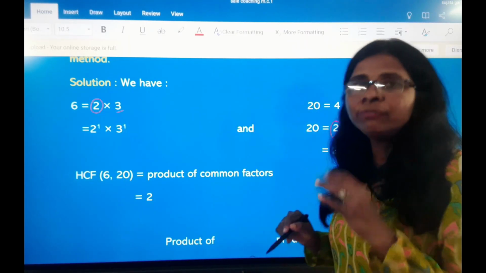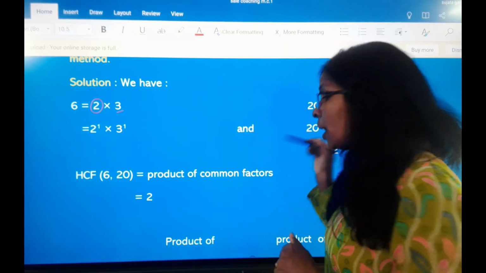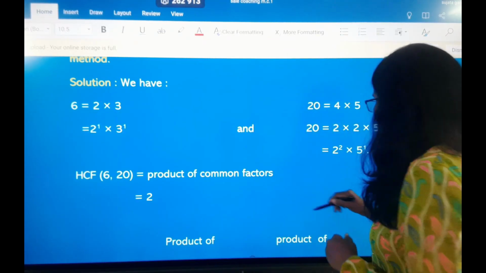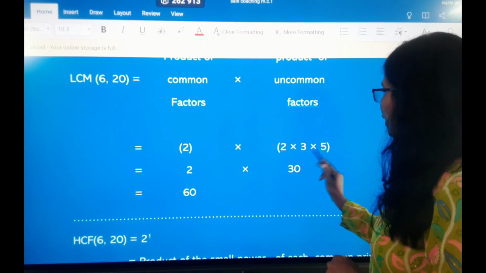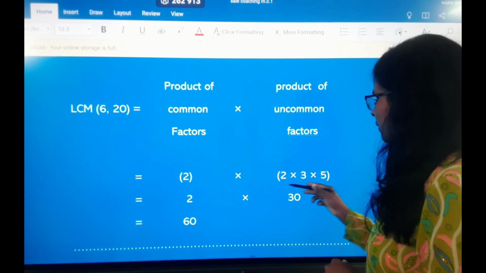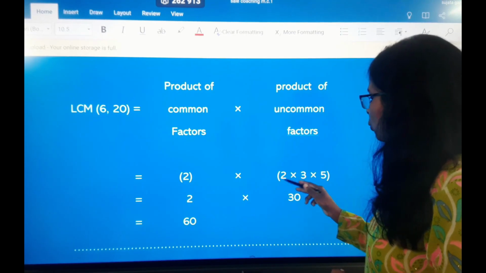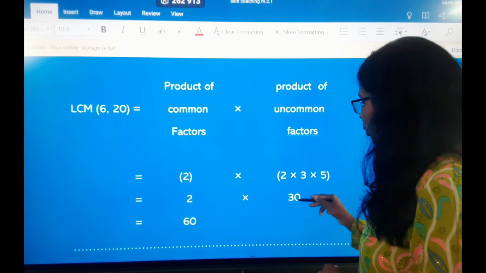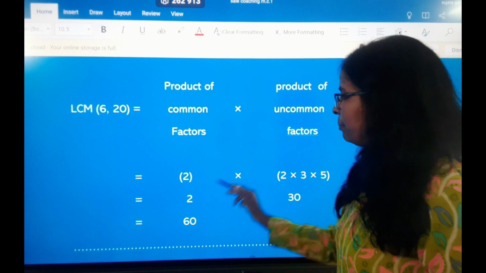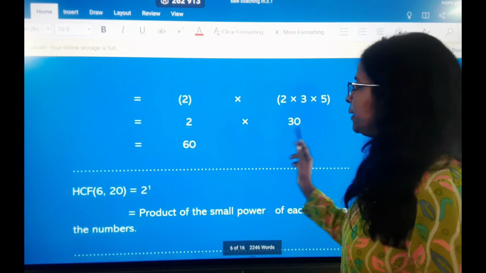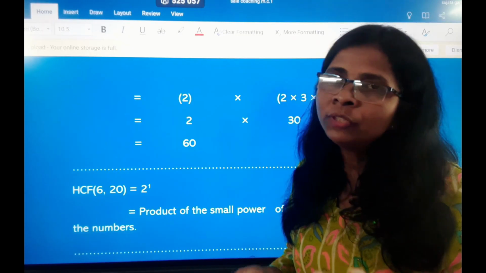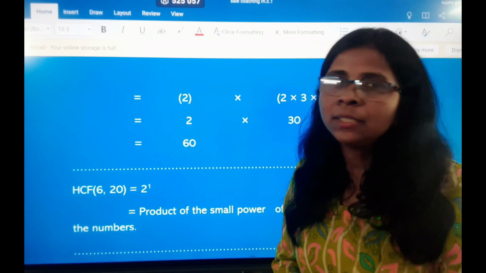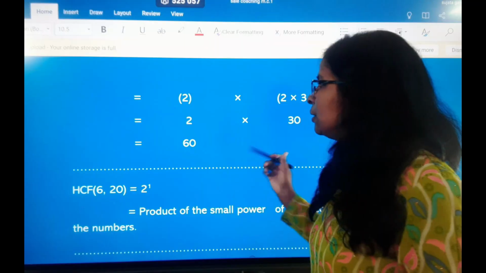So write the uncommon factors 3 and 5 and multiply them. Then 3 fives are 15. So multiply 2 and 15, that will be 30. So automatically we get the LCM of 6 and 20. HCF is 2 and the LCM is 30.